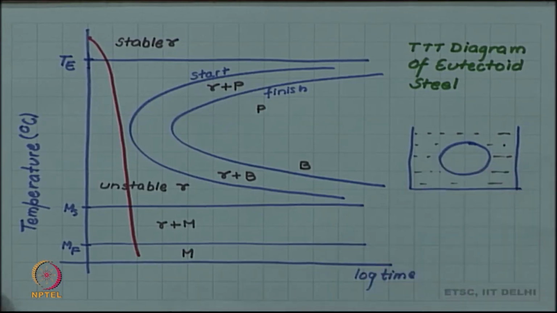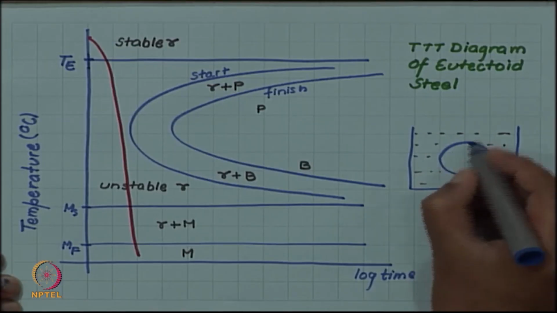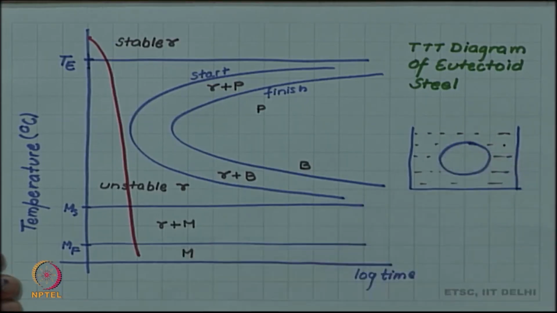So, the surface will cool much faster than the inside. So, this is the object and the surface will cool faster than inside. So, let us say that this red curve is showing the cooling curve of inside.